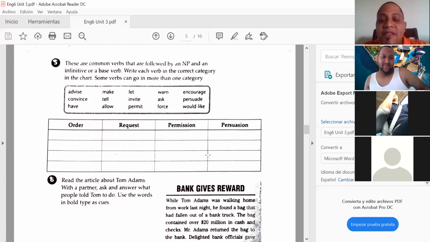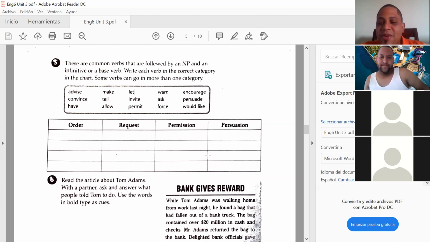She said let is permission, but do you believe that there is another category that we could put let? Andy? Yes, for me you can also use let as a persuasion. A persuasion, right? Okay. Cesar, what do you say? I think in request, teacher, we can use let.